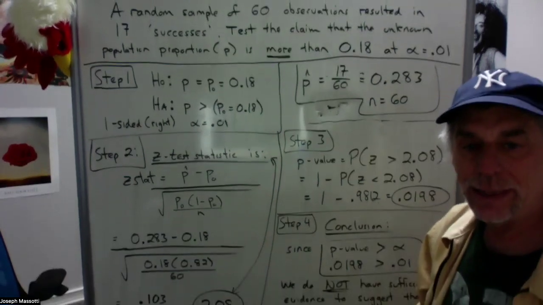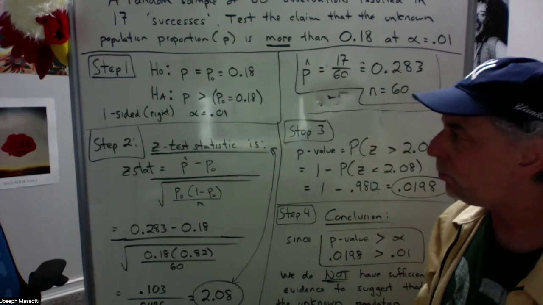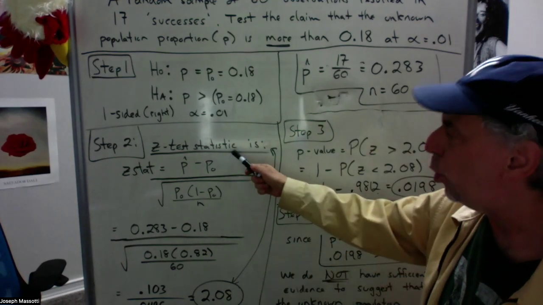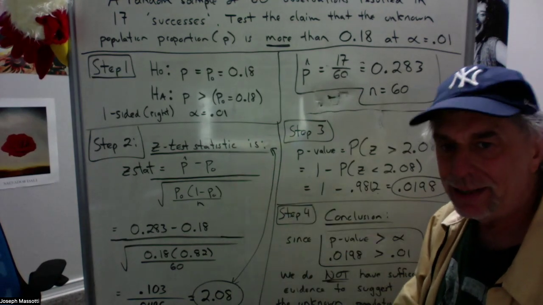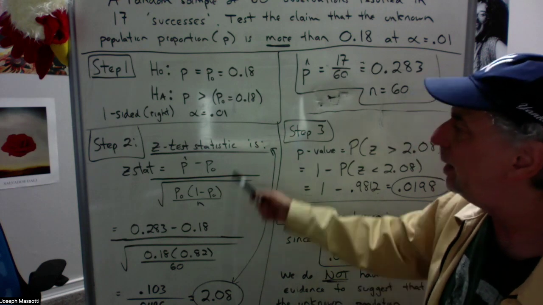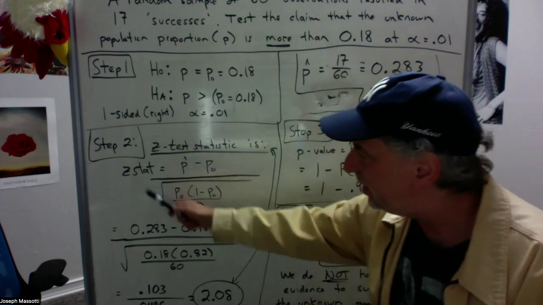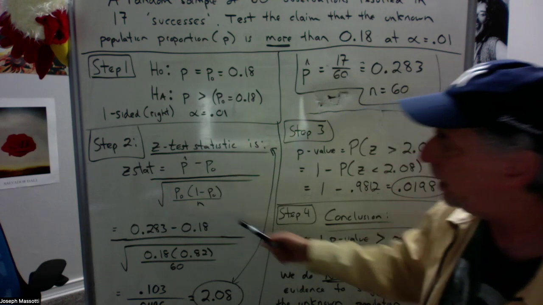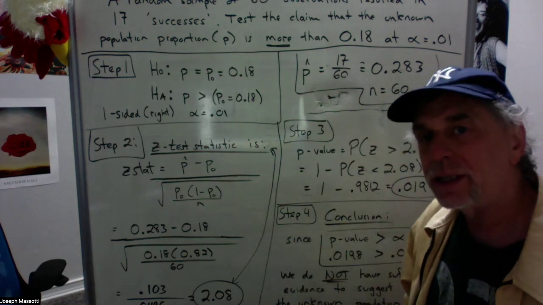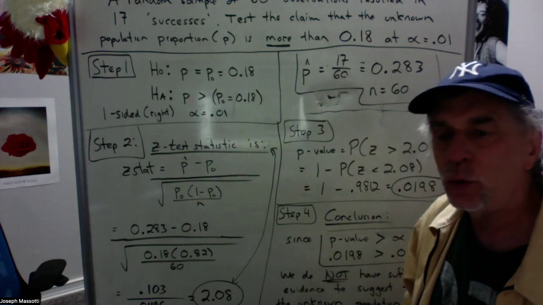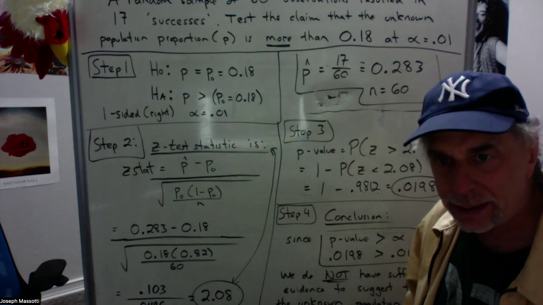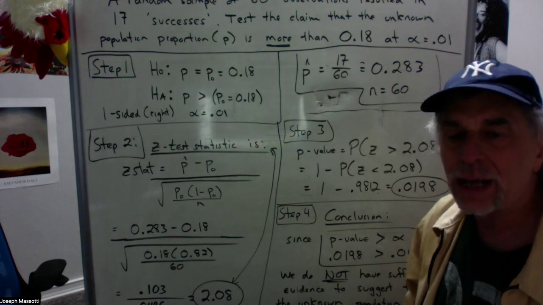All right, so again, what's nice about these proportion tests is it's always going to be a z-test statistic. And the z-test statistic takes this form. All these formulas are on the sheet that I gave you. I don't want you to use your calculator to come up with these values.